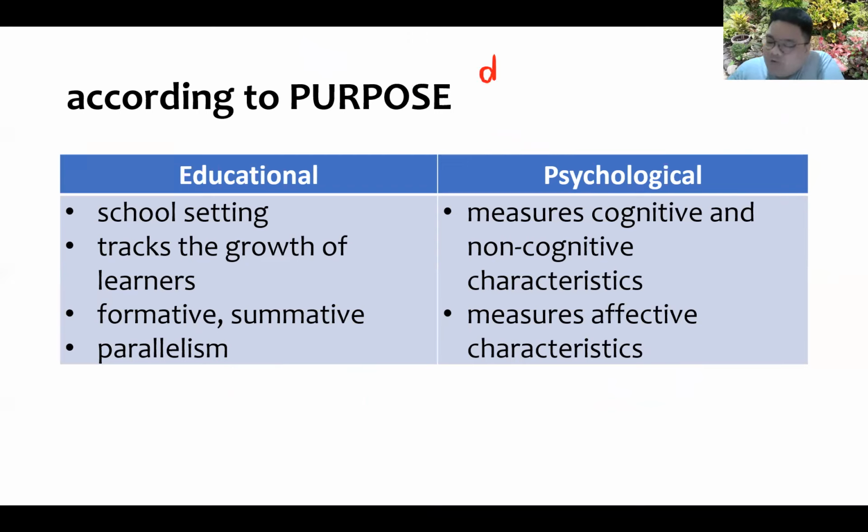Who is the professional that can diagnose depression? Is it the teacher? Is it the guidance counselor? Is it the psychologist? Or is it the psychiatrist? Sige nga, who is the professional who would best be able to diagnose depression?